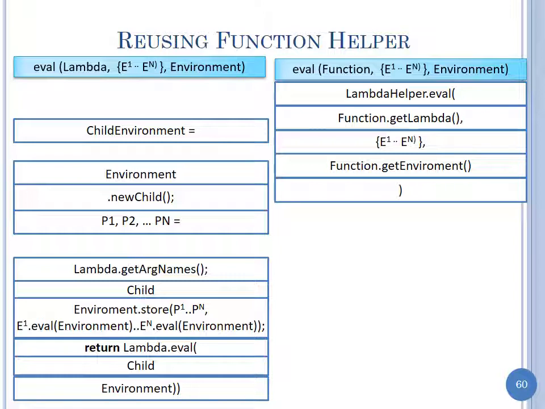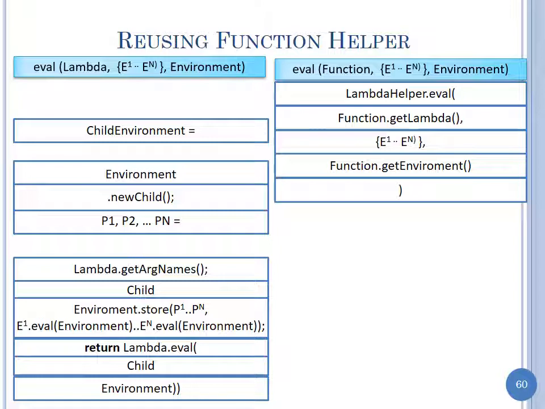I'll bind the arg names that I get from the lambda object to the actual parameters I've been given, and I'll evaluate them, and then I'll evaluate the body afterwards. I'll ask the lambda object to evaluate the body.